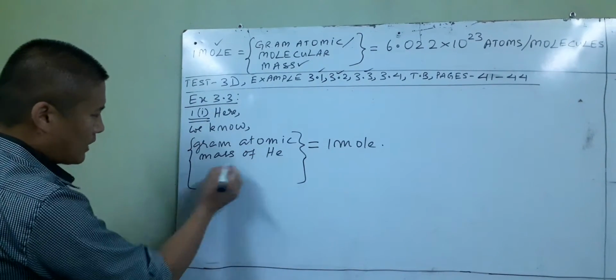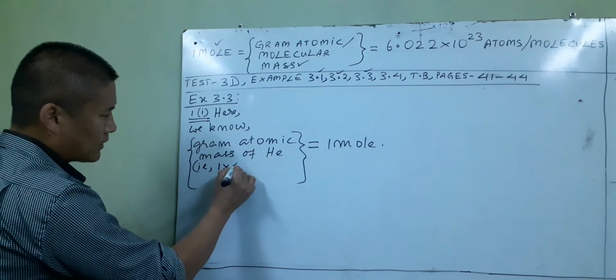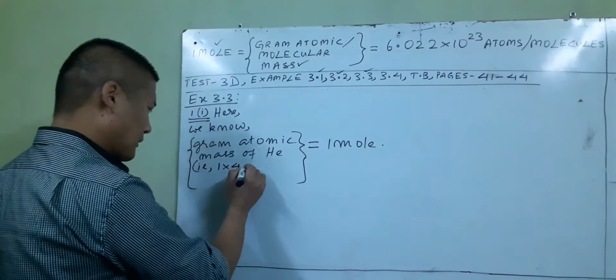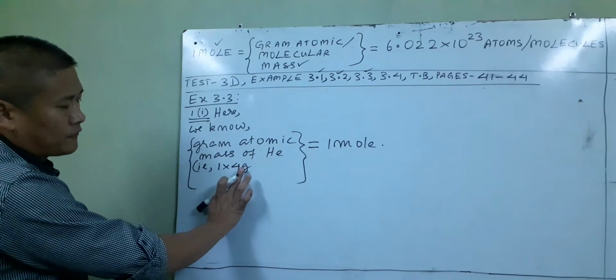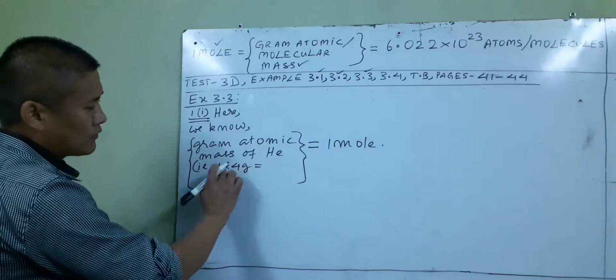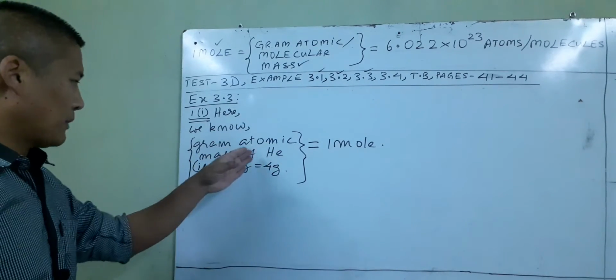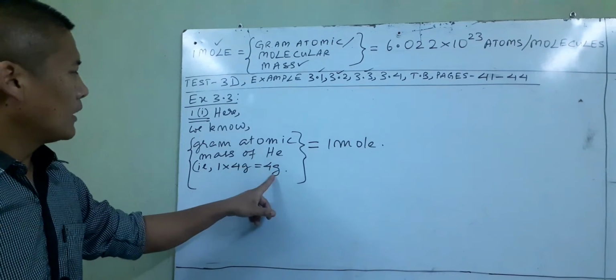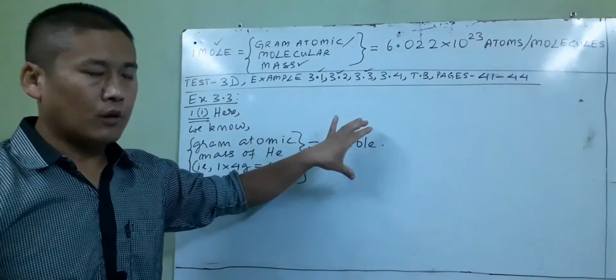Here at the back, 1 means 1 into 1 helium atom. In your textbook it's not given on page 37, but just know this, okay? 1 helium atom weighs 4 grams, so 1 into 4 is 4 gram, the gram atomic mass of helium. So this 4 gram, in other words, contains or makes 1 mole.